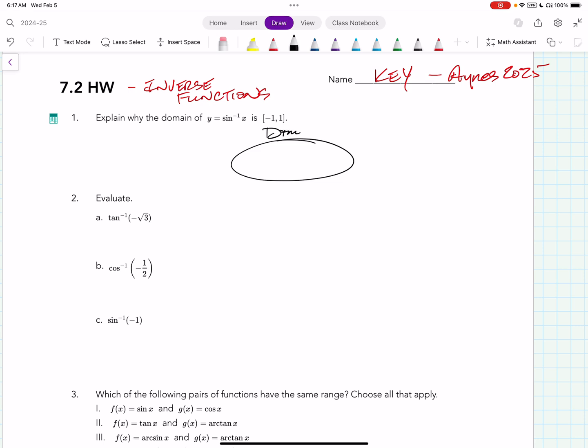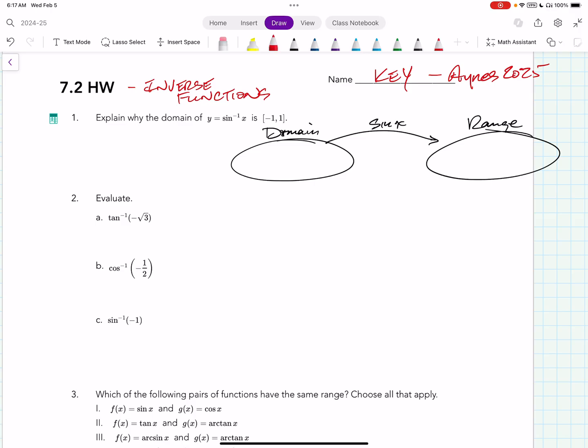So let's just draw a little concept diagram of the domain and the range of this restricted function because we need the inverse to exist. So we had to restrict the domain. Now, typically the domain of sine x is all reals, but to make it have an inverse, which is a function, we need to restrict it.